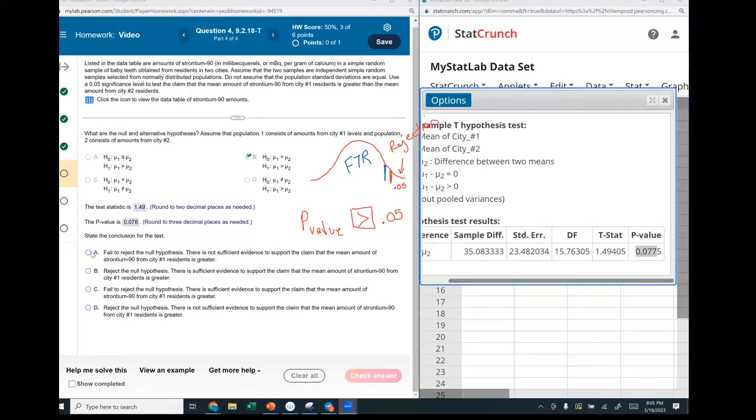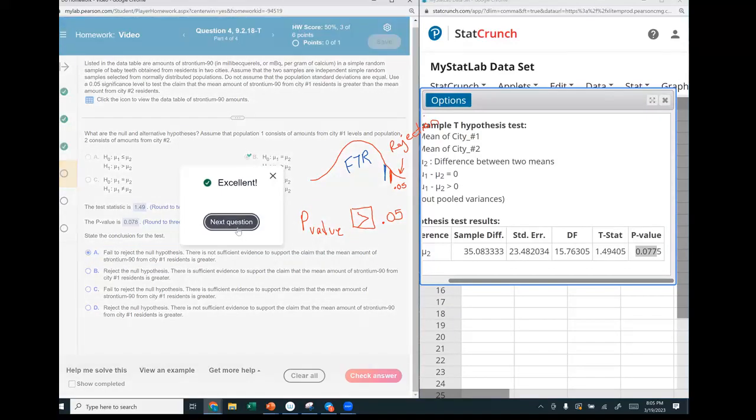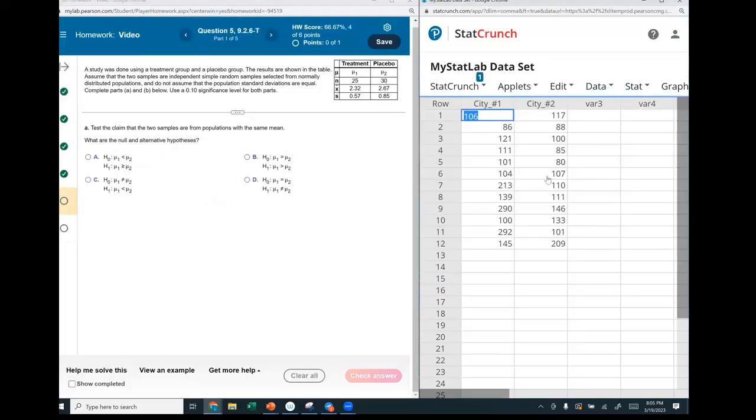Yes. I can't reject it because I'm not in my rejection region. So fail to reject. There is sufficient evidence. No. When I fail to reject, I don't have enough evidence. I only have enough evidence when I can reject the null hypothesis. So A is the correct answer. There we go. Now we don't need this anymore. Get rid of it.